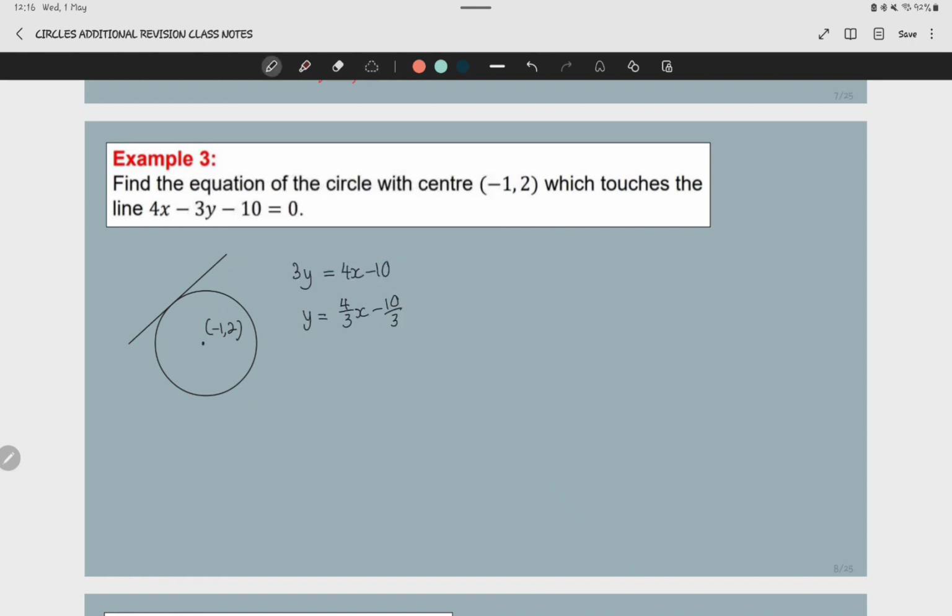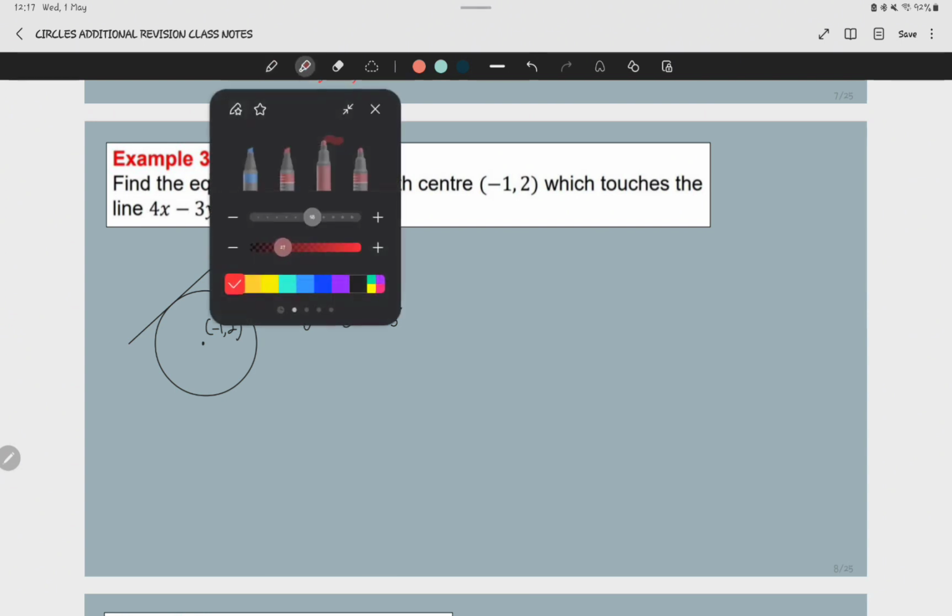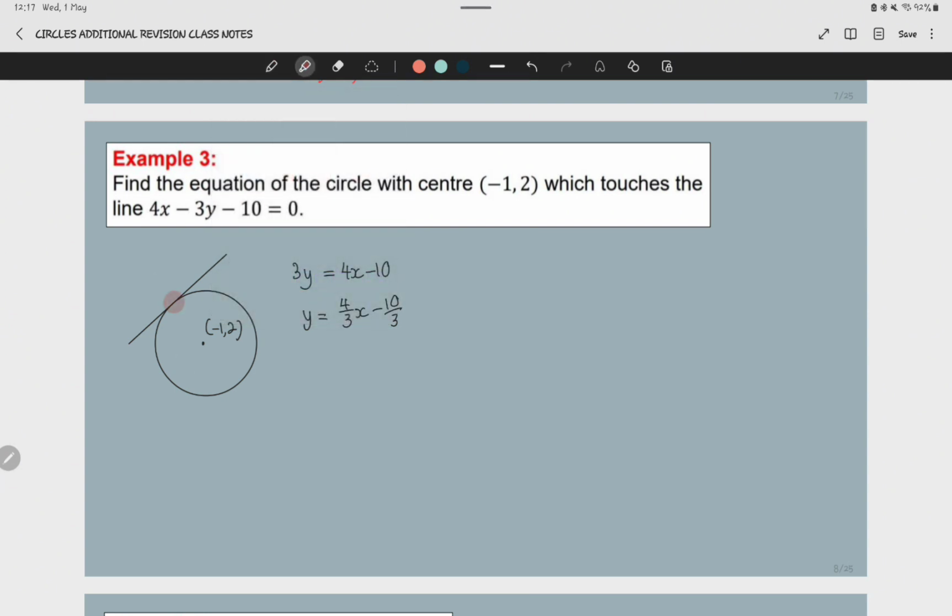Okay, now what do we do? Obviously you have the idea that I now have the center. If I want to find the equation, I have to find the radius. So how do I find the radius? The radius would be between the center and any point on the circle. So now you will ask yourself, which point will I choose? I will choose the point here, the point of intersection between the tangent and the circle. And then you will ask, how do I find this point? We can use the concept of perpendicular bisectors.